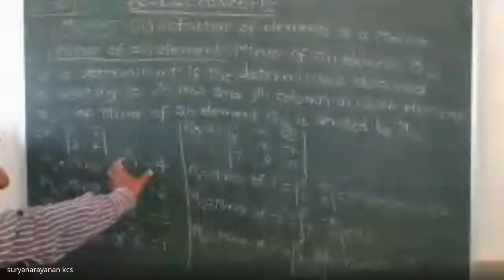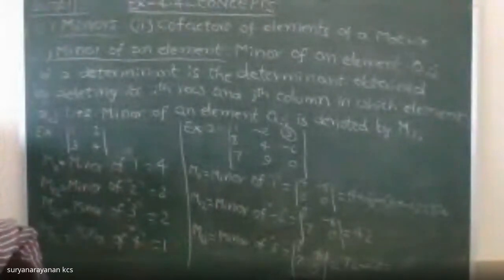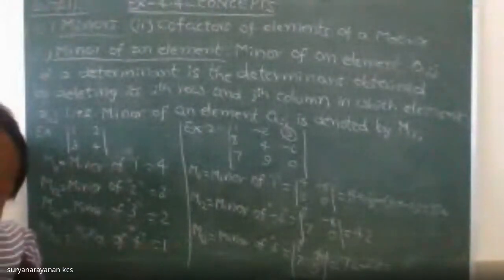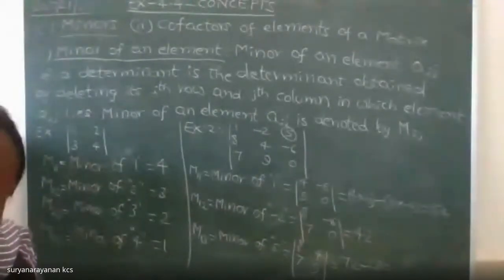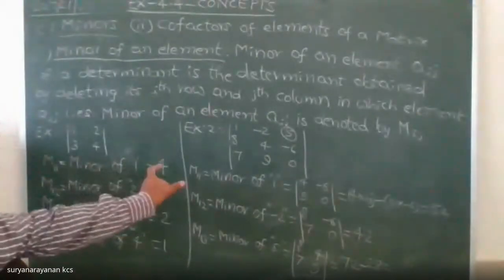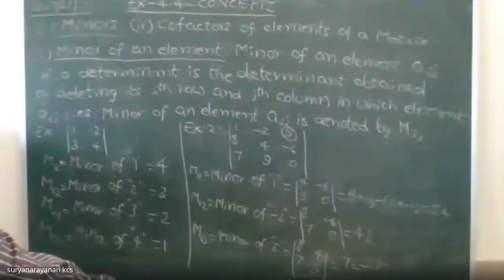We are just taking out that smaller part, that is called the minor. Minor means smaller, major means bigger. Yes or no? So in the minor determinant, we are finding the determinant of the smaller part. That is why it is called minor.